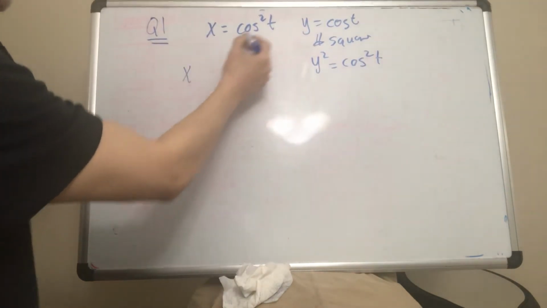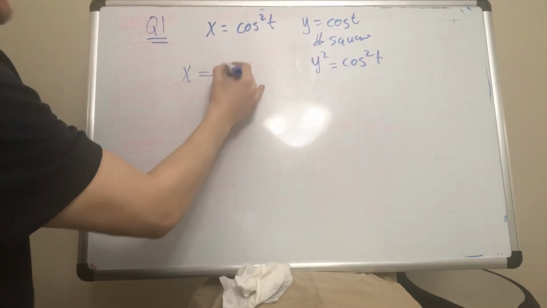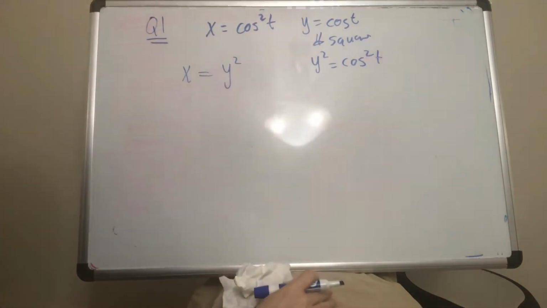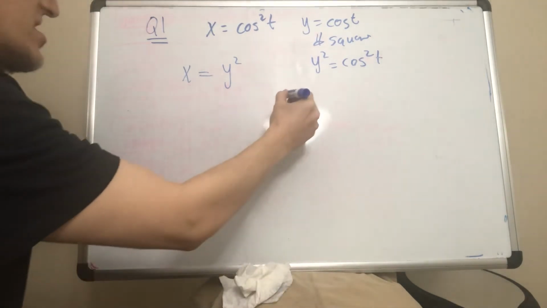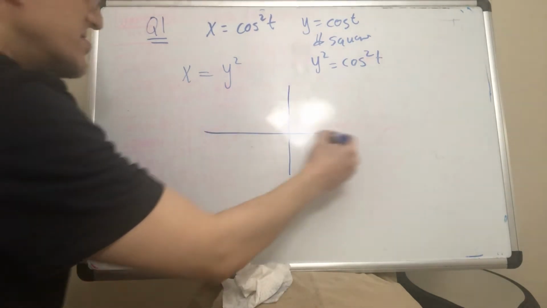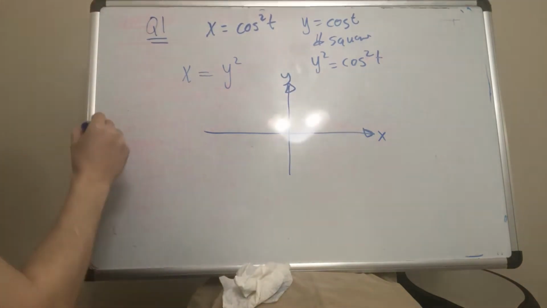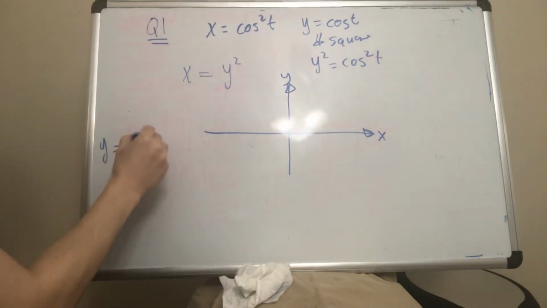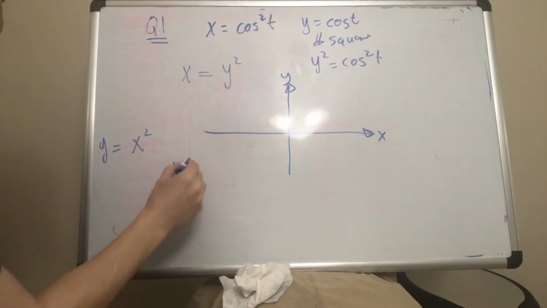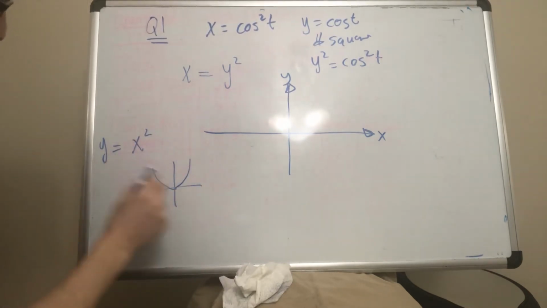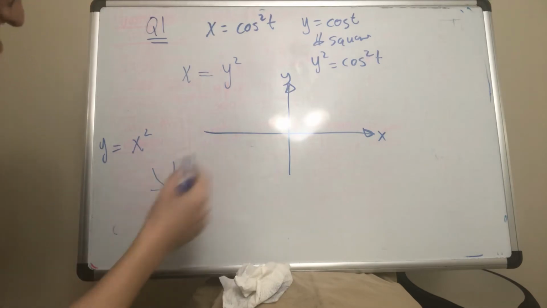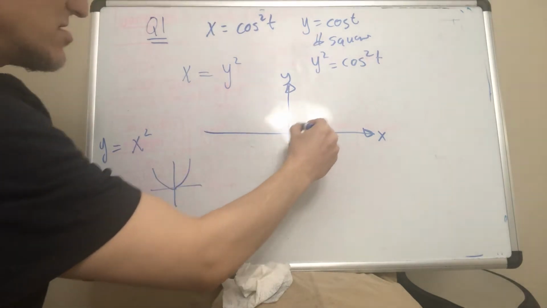Then instead of cosine squared, I can say x equals y squared. Now, when you sketch this curve, it's very well known that y equals x squared will look like this, and negative will go down. This is the same idea. It would be like this.